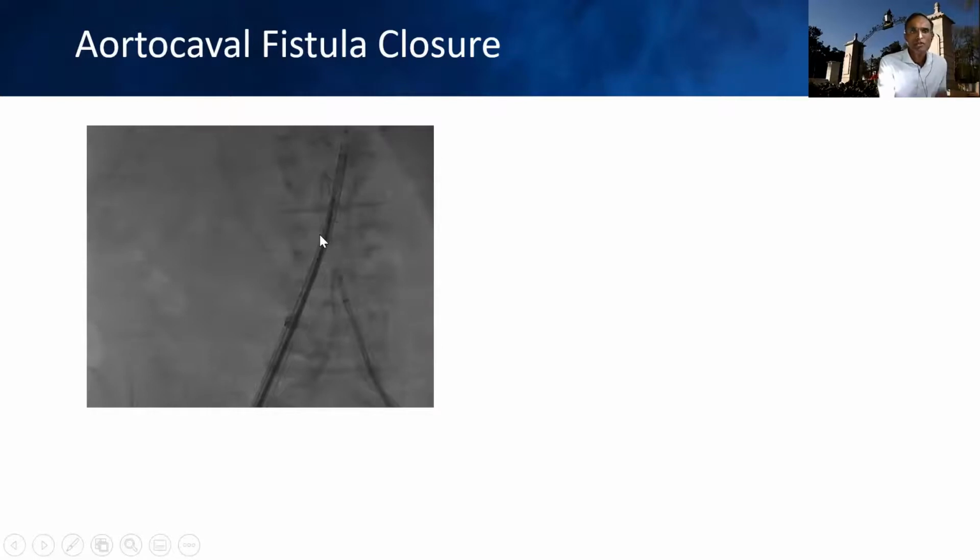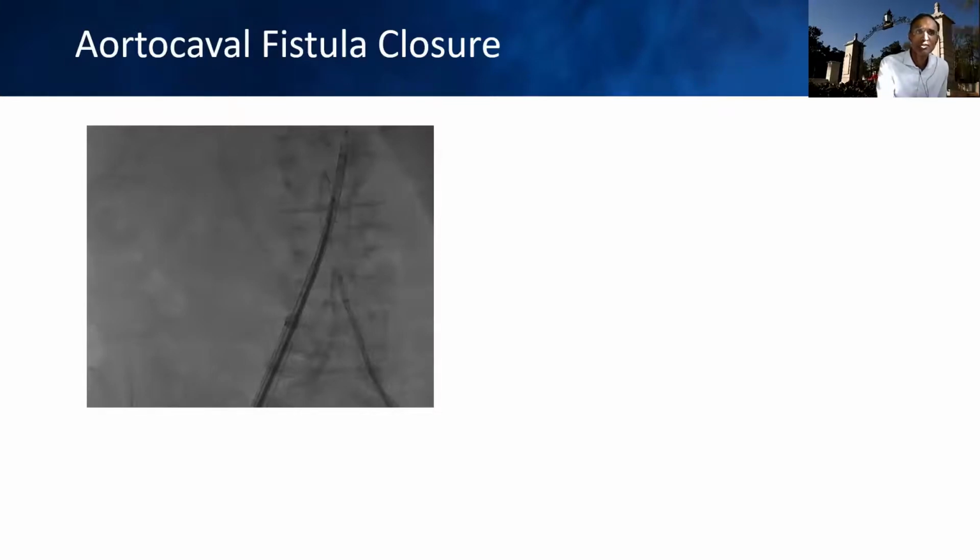If you were just to pull everything out and leave the aortocaval fistula, to your surprise, it's actually typically not a life-threatening situation. There is a pressure sink such that the intra-abdominal space is at a higher pressure than what is seen in the inferior vena cava. So typically blood will flow from the abdominal aorta through the peritoneal space into the inferior vena cava, unless you have a catheter that's obstructing that flow.